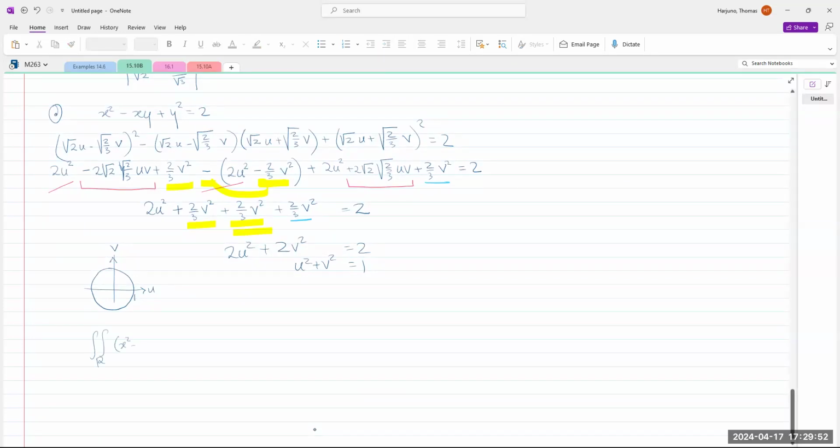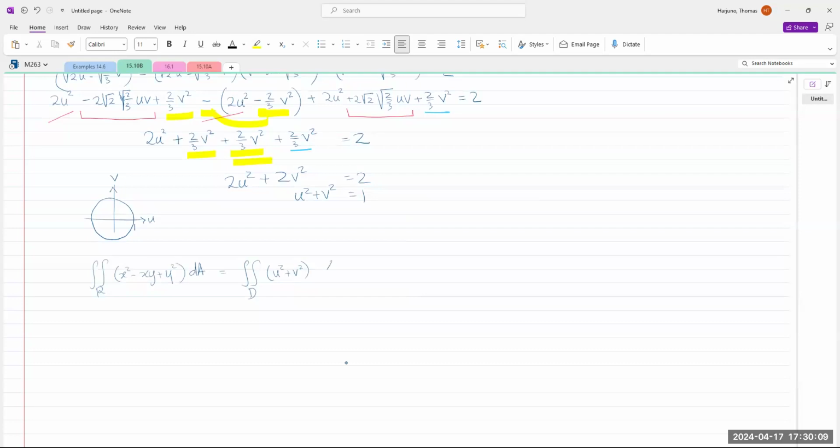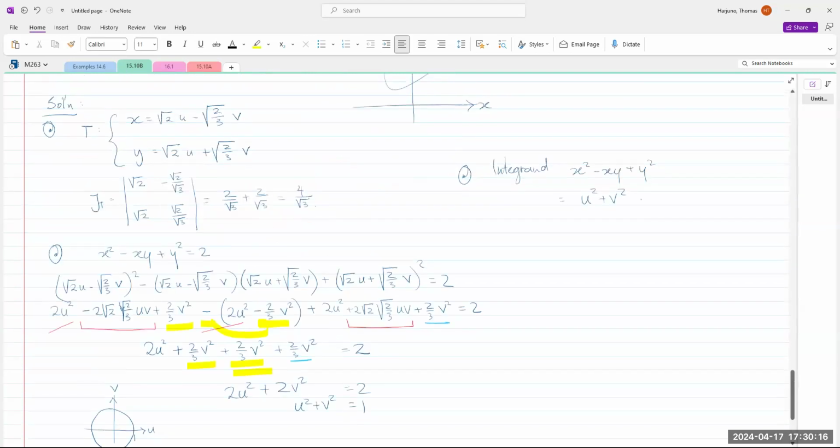Now x squared minus xy plus y squared dA equals the double integral over D of u squared plus v squared, and the Jacobian is 4 over radical 3 dA in D.